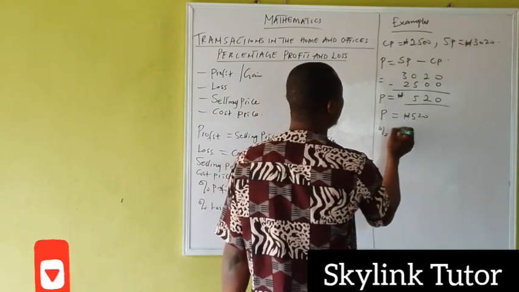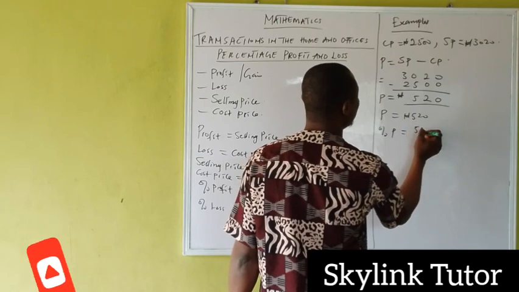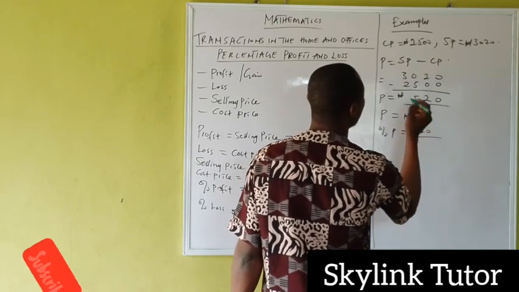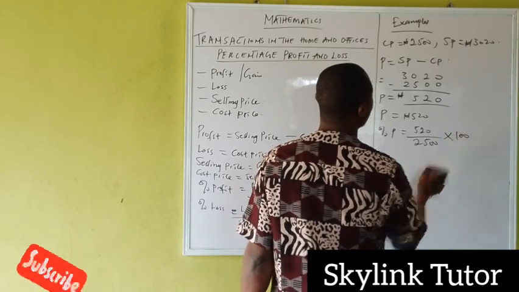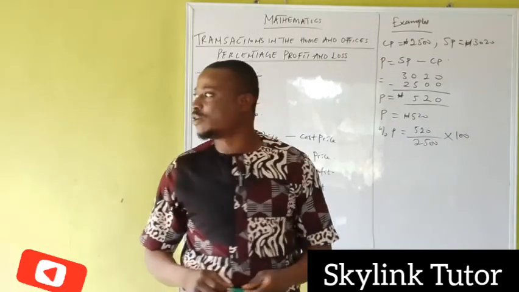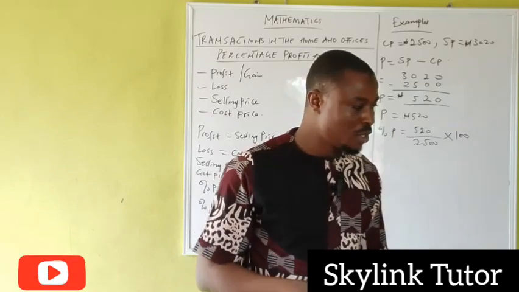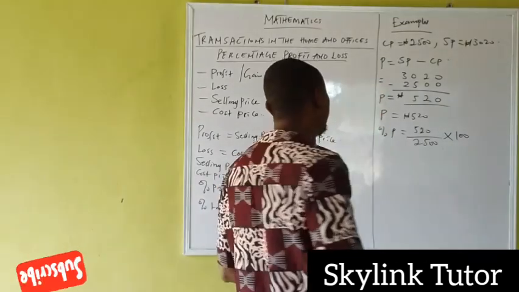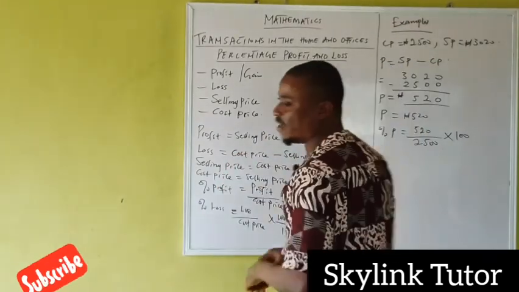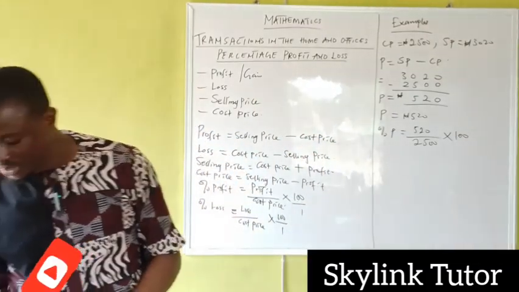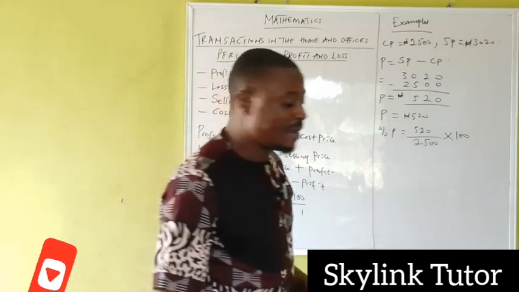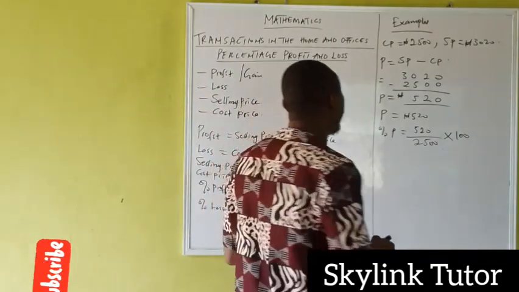So your percentage profit is now going to be 520 divided by the cost price, which is 2,500, multiplied by 100. If you look at that very well, you are going to say 520 divided by 25 multiplied by 100.